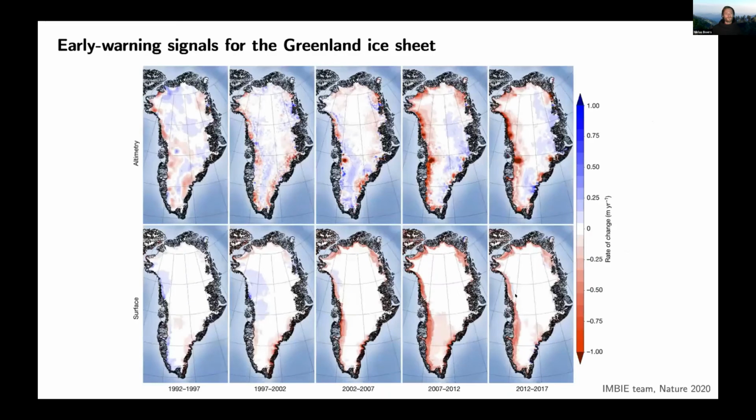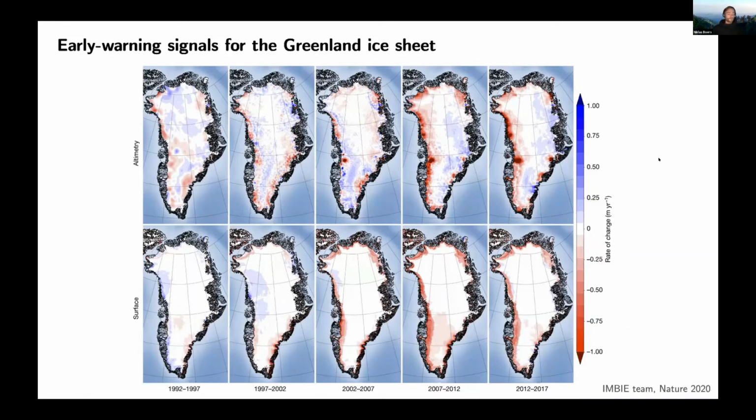So let's apply this to the Greenland ice sheet, one of the often stated tipping elements in the Earth system. What you're looking at is from the IMBIE team from this year: altimetry and surface measurements of the rate of ice sheet height change. In particular in the central western part, we have significant reductions.